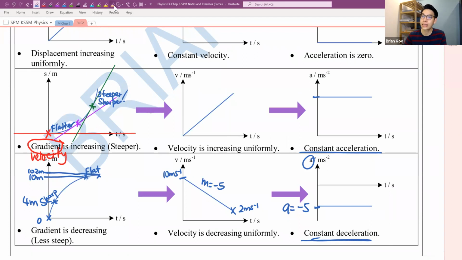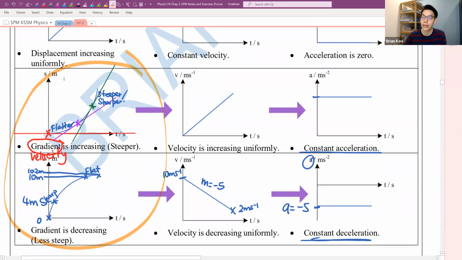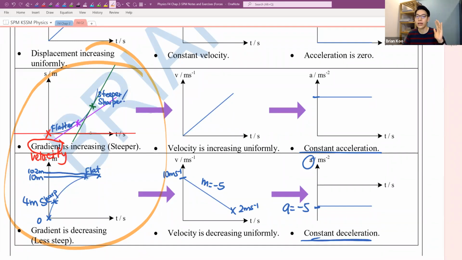I know this can be a bit confusing, but flat going up means it's getting faster, and then becoming flat means slowing down. Becoming flat means the gradient is decreasing.